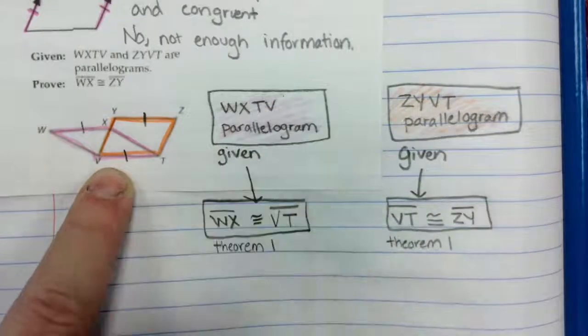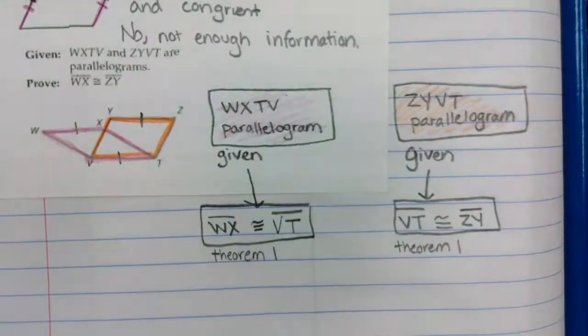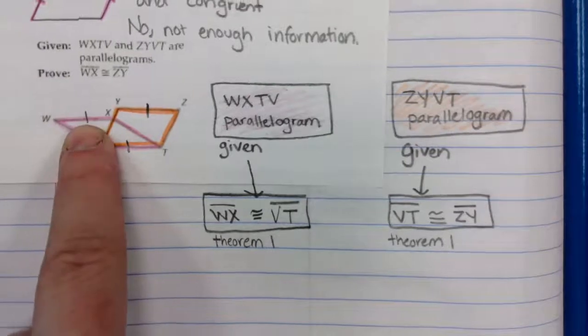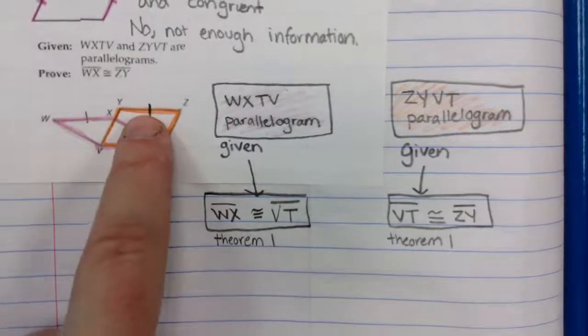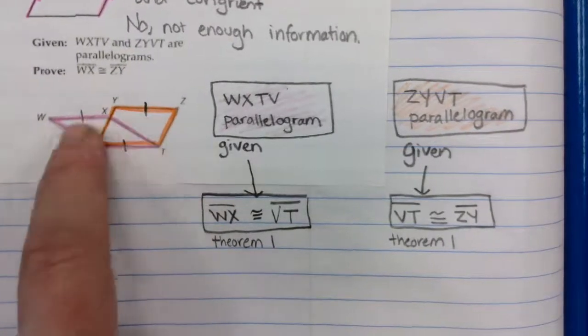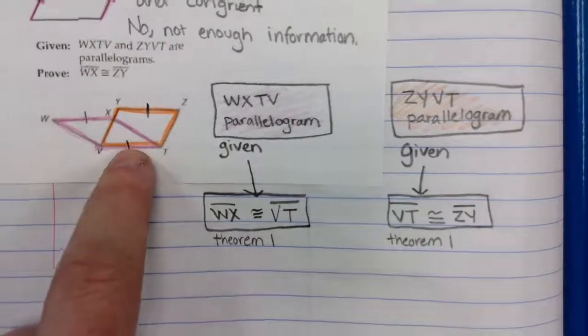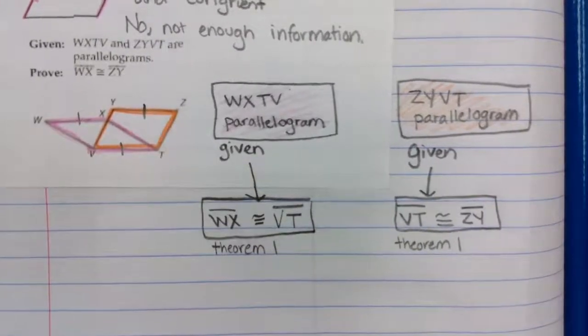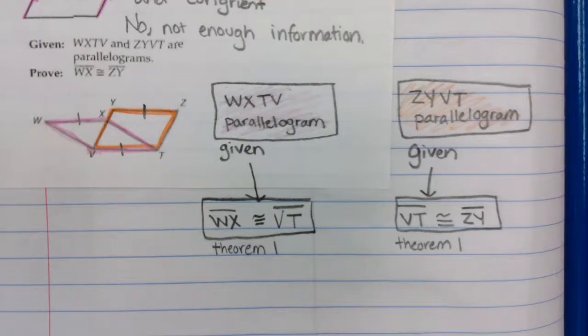So can I conclude that WX is congruent to ZY? Yeah, because if this is the same as this, and this is the same as this, right? If Sophiane is the same age as Miss Soiter, and Miss Soiter is the same age as Fatou, Sophiane and Fatou are the same age, because everyone's the same age. Okay? So we're going to use that. We know that these are going to help us come to that last part.